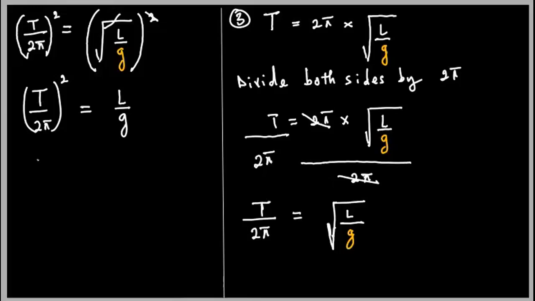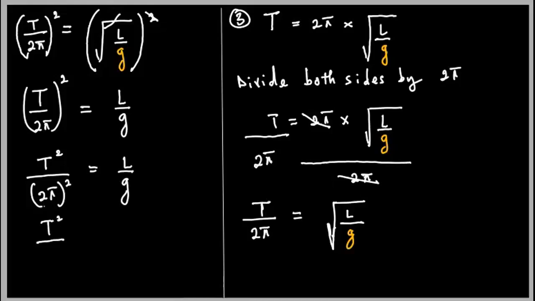I can write this as T to the power 2, and don't forget that the power 2 also belongs to 2 pi, still all squared, equals L over G. Now as you can see how I just split it. If I go further, I have T squared all over 2 pi all squared.